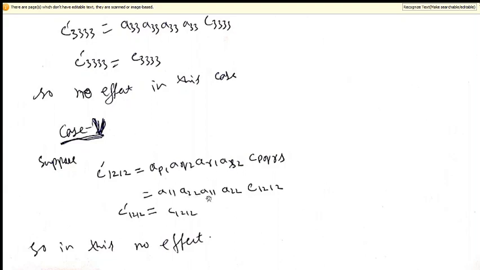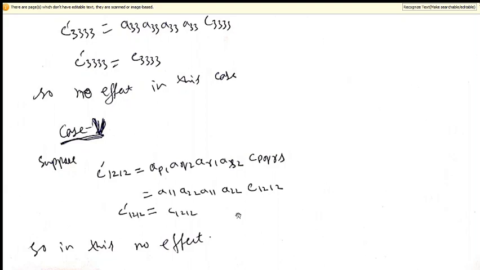So A11, A22, A11, A22. This is minus 1, minus 1, minus 1, minus 1, 1, 2, 1, 2. So there is no effect. It means that in case 5, when there is no 3 in the indices, then components will not change again.